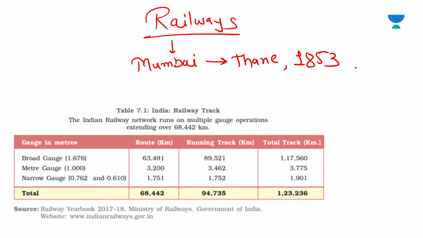So the distribution pattern of the railway network in the country has been largely influenced by physiographic, economic, and administrative factors. The northern plains, with their vast level land, high population density, and rich agricultural resources, provided the most favorable conditions for their growth.